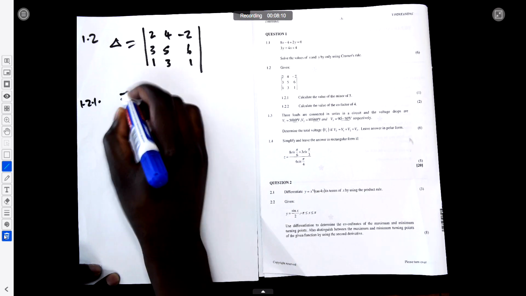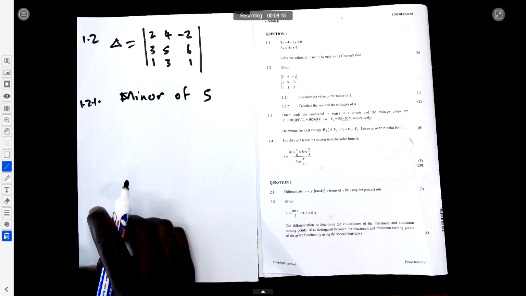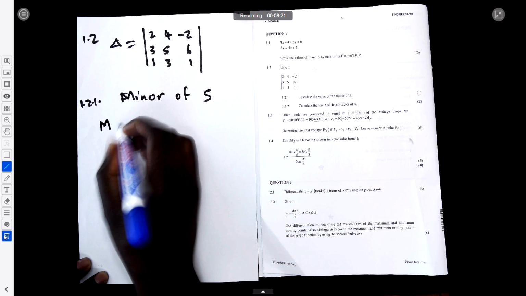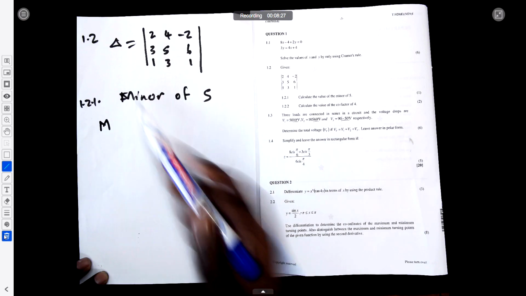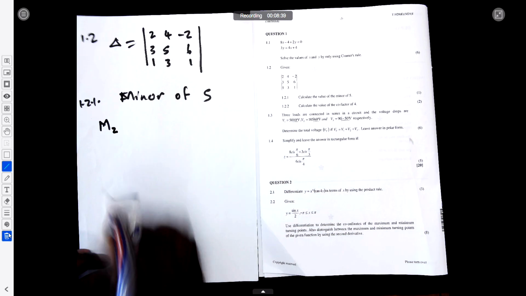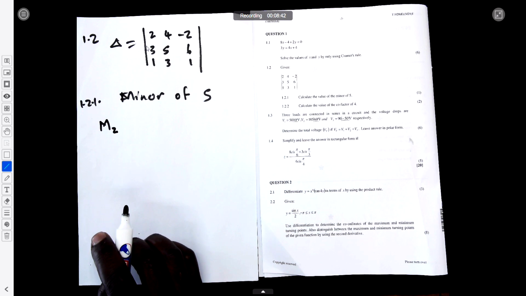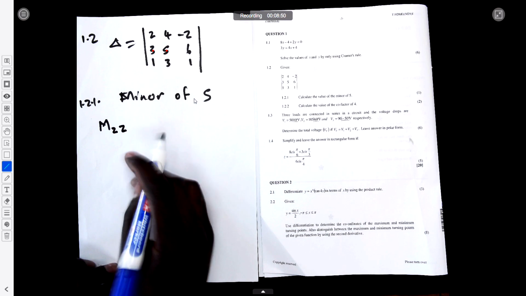According to the formula of minor, it's Mij. 5 is in row 2 and column 2, so the position is M2,2.